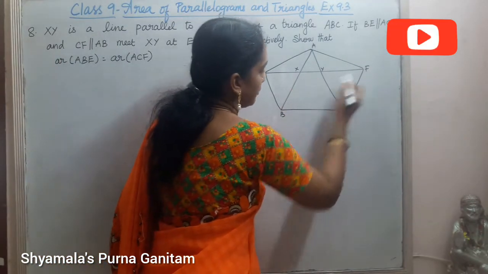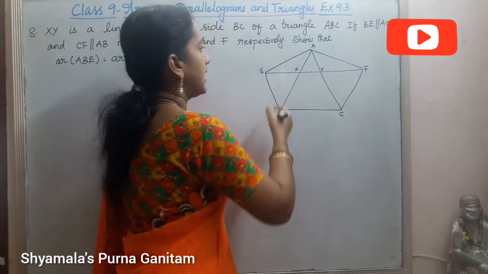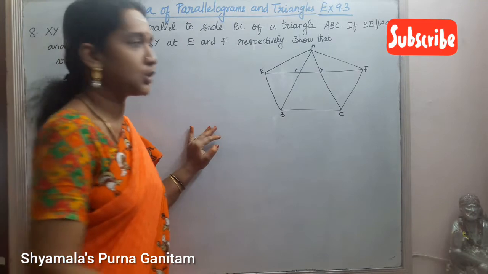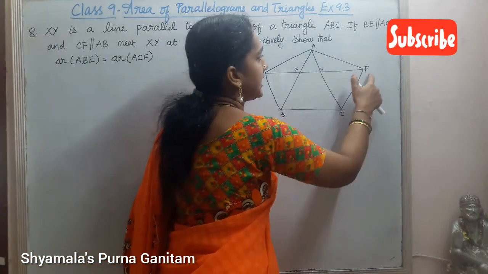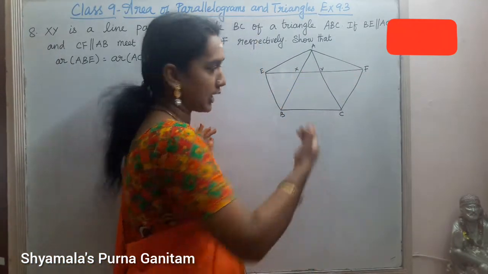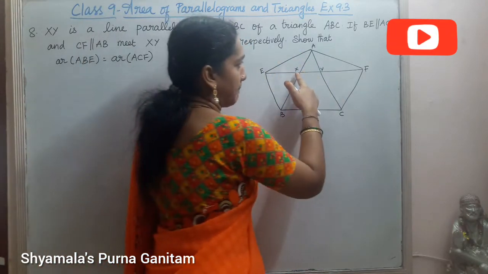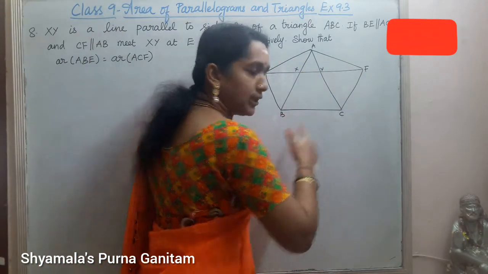So XF is parallel to BC and EY is parallel to BC. So we can say that BCFX is a parallelogram, opposite sides are parallel. This is one pair: XF is parallel to BC.